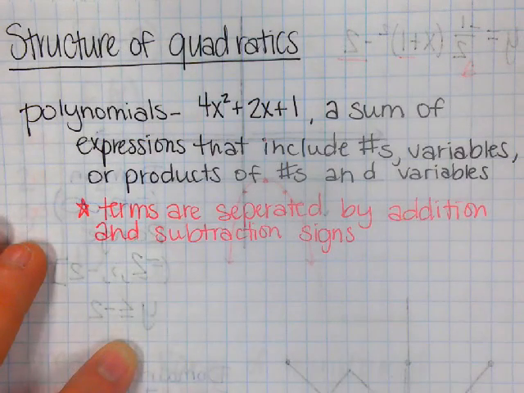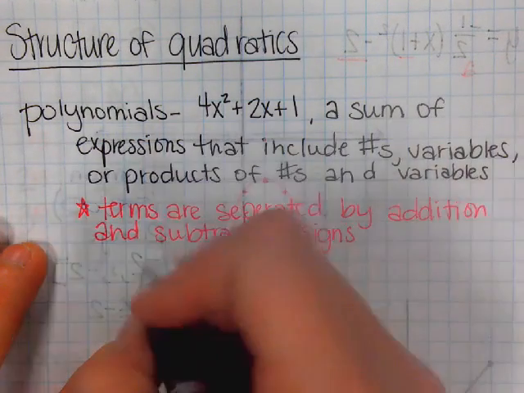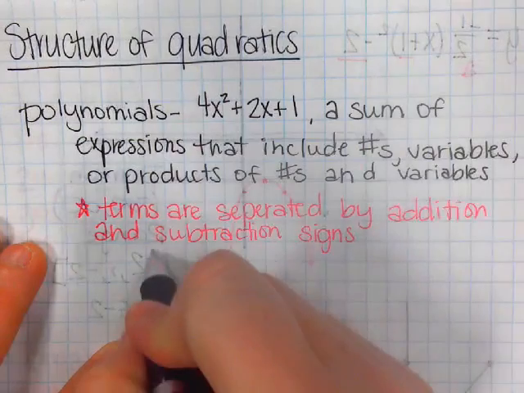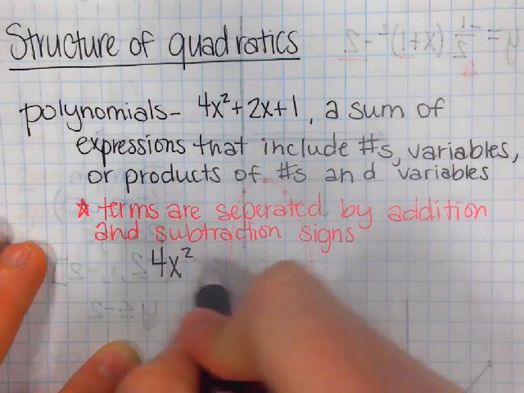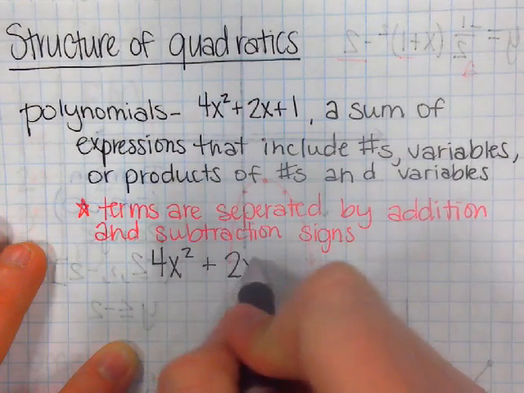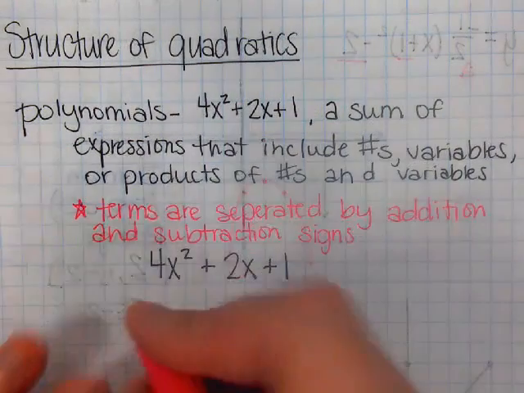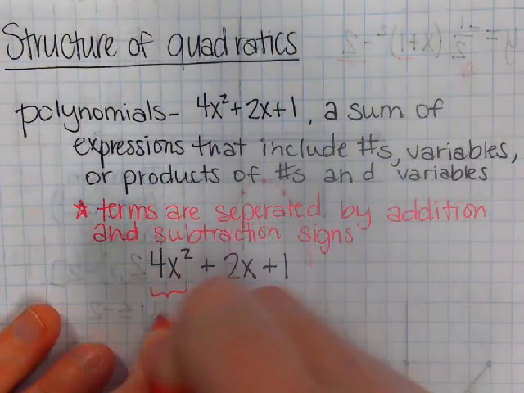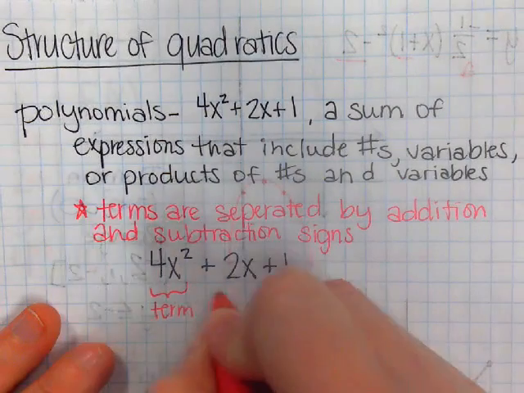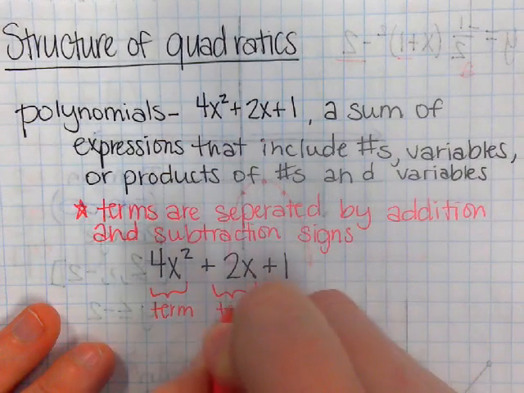Okay, so if we write down this example up here, you can see that there are three terms. So the 4x squared plus 2x plus 1. This is a term. This is a term.